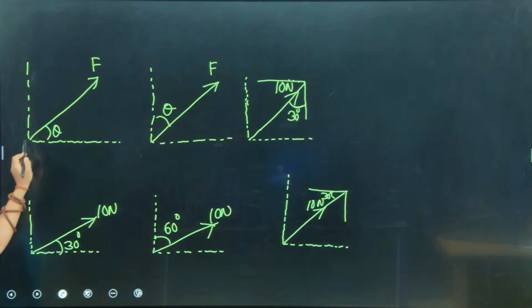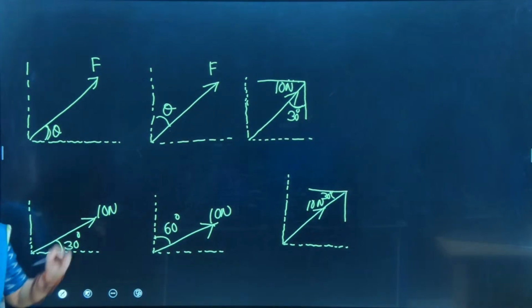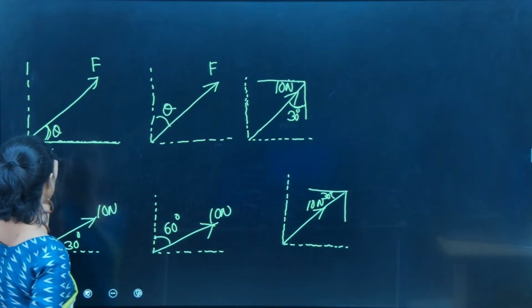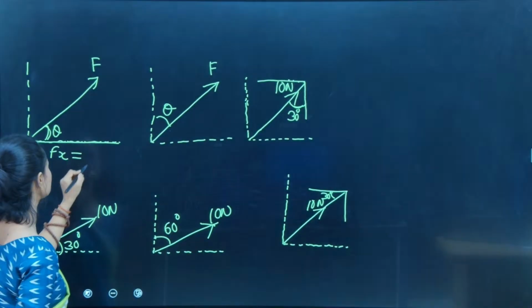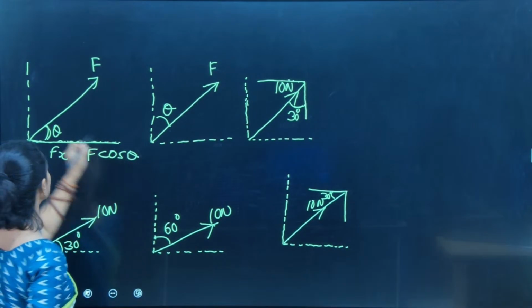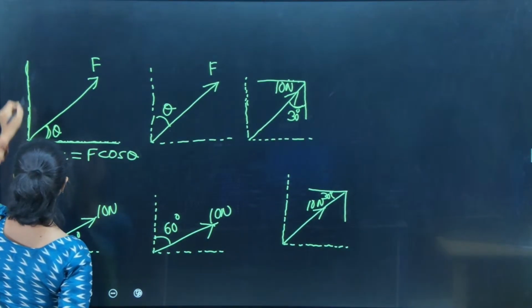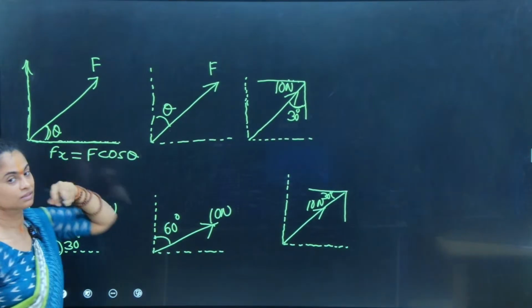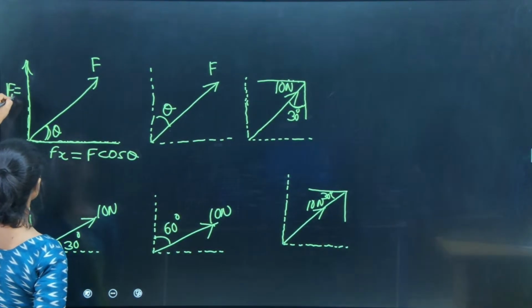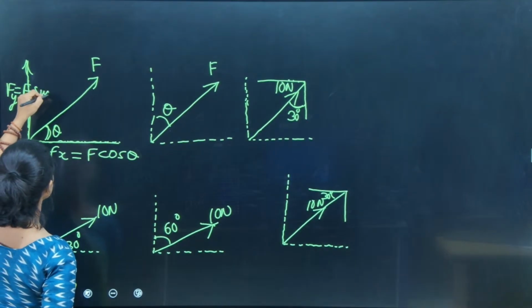I have a force F here which is inclined at theta with the horizontal, like we have discussed earlier. Now we are interested in finding out its components. So this component, which is called Fx, will be, as discussed earlier, F cos theta, and this component, I am telling you repeatedly so that you will be clear and remember, Fy is F sin theta.